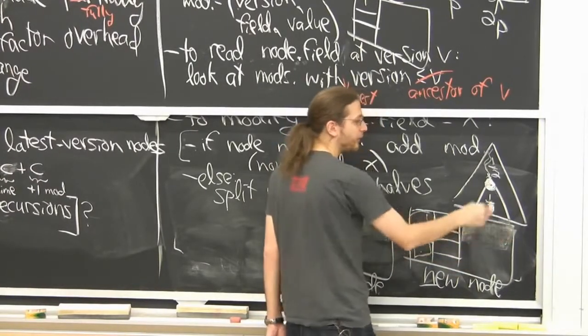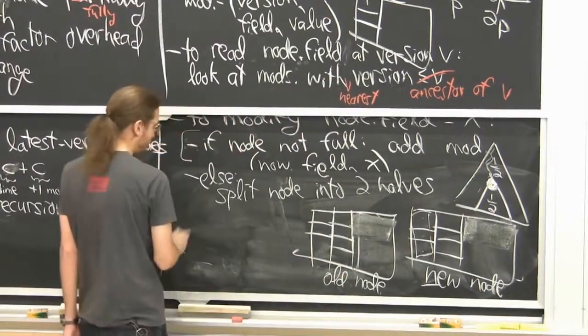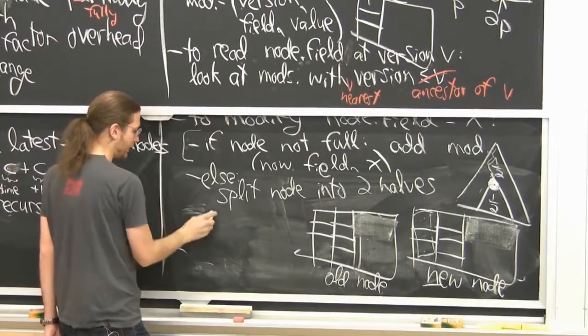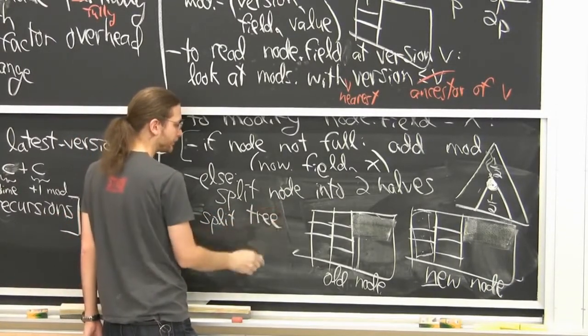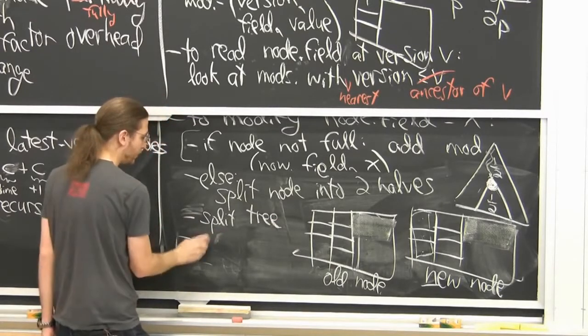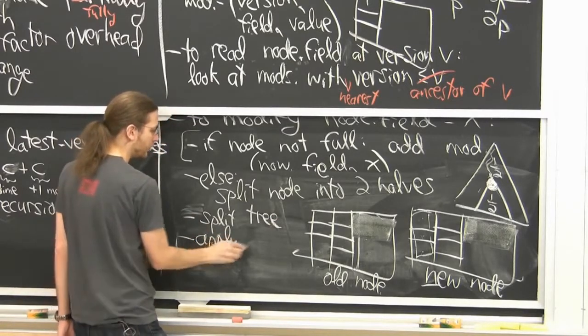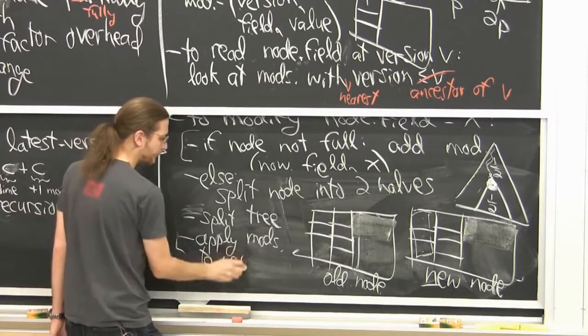I still have the other mods to represent all the other changes that could be in that subtree. Okay, so we actually split the tree, and we apply mods to the new node.